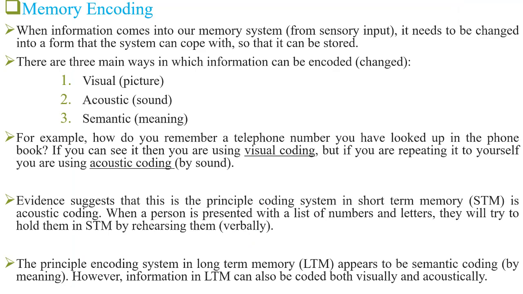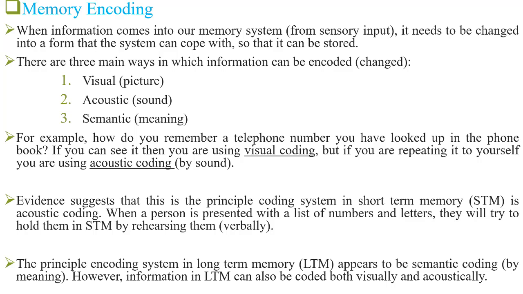So memory encoding: when information comes into our memory system from sensory input, of course, it needs to be changed into a form that the system can cope with so that it can be stored. Okay, so every day we hear information, either verbal or written.